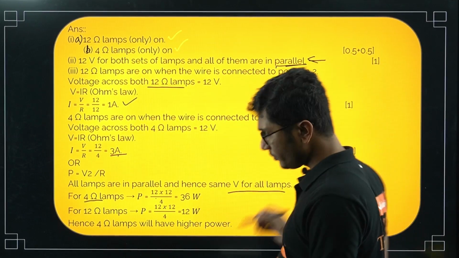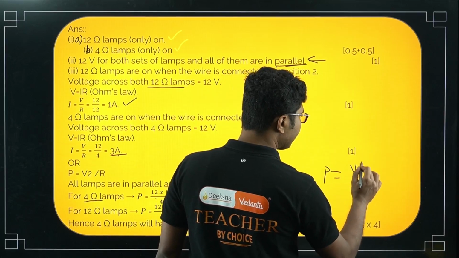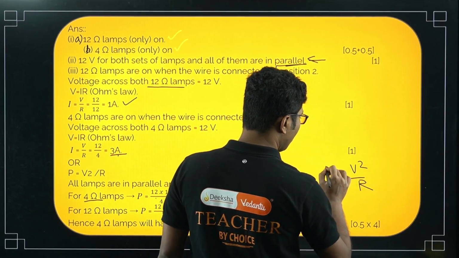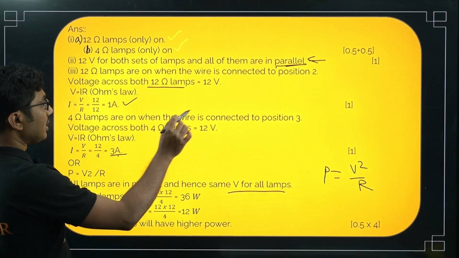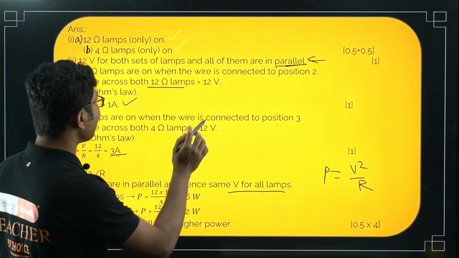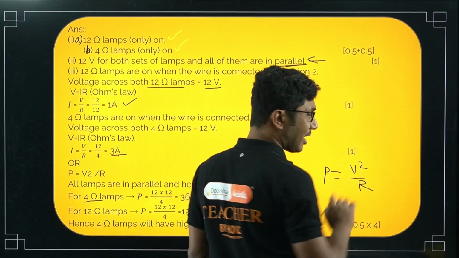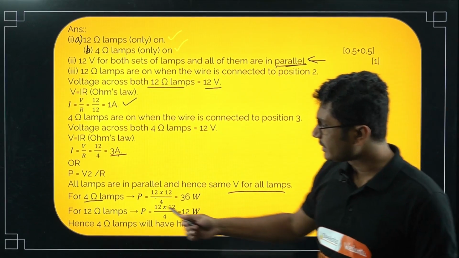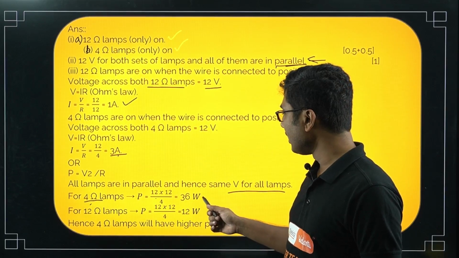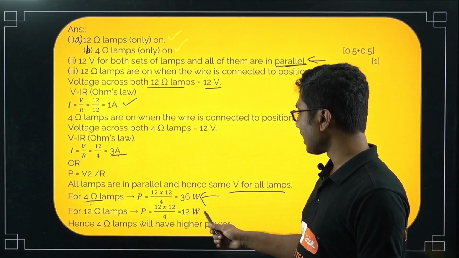So the formula that you have to use is power equals V square by R. All of them are connected in parallel, so we already know the voltage across all the lamps is 12 volt. For each lamp you calculate the power by dividing V square by the resistance. As you can see, 4 ohm lamps have 36 watt power, whereas 12 ohm lamps have 12 watt.